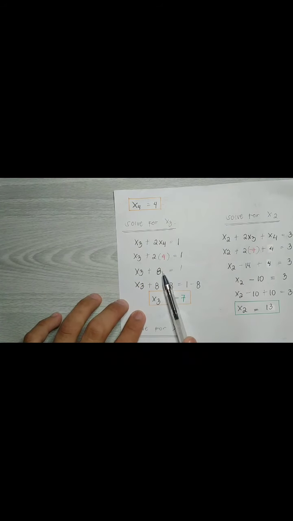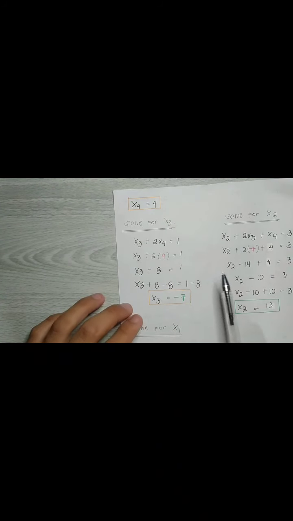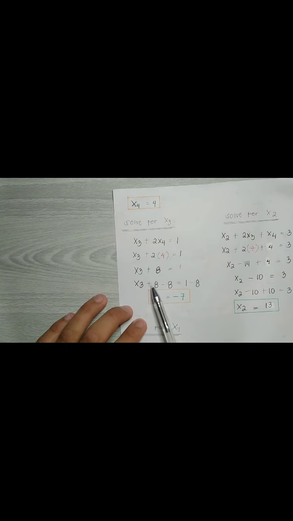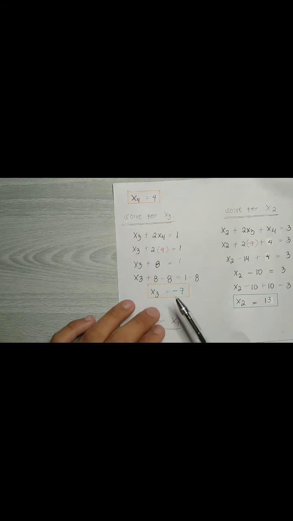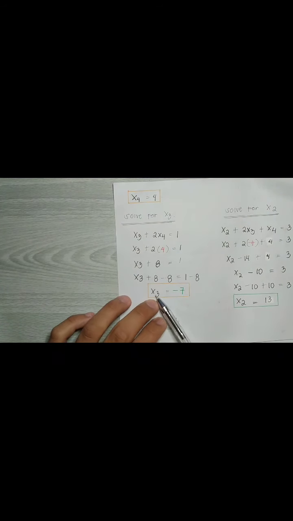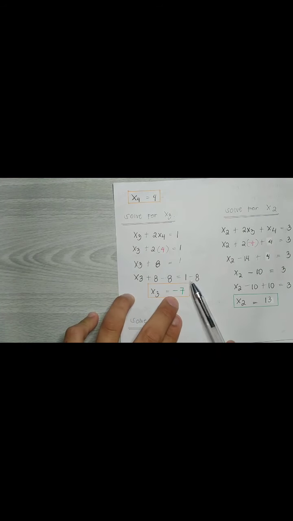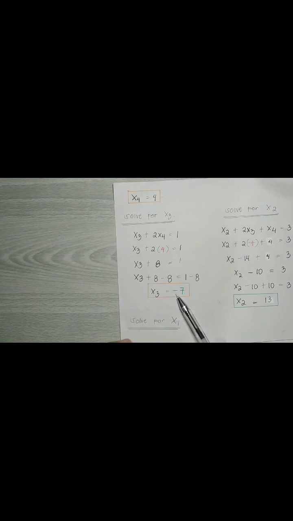2 times 4 is equal to 8, and we need to do the additive inverse. The additive inverse of positive 8 is negative 8, and when we add the additive inverse on the left, we need to add it to the right. So the equation is x3 is equal to negative 7 because 1 minus 8 is equal to negative 7.